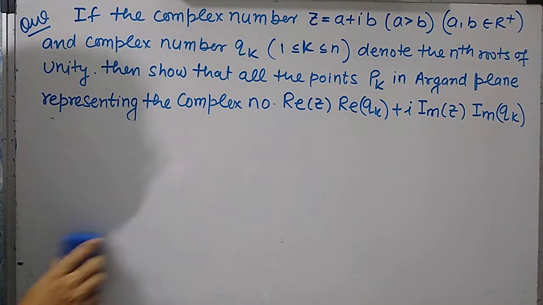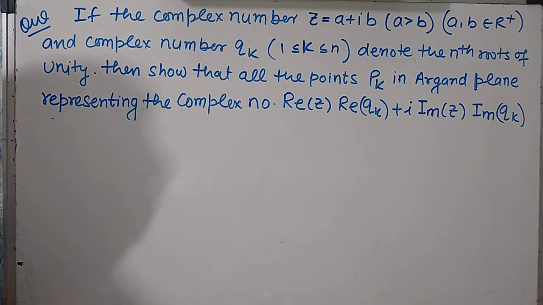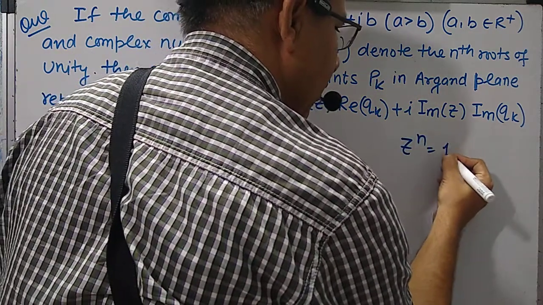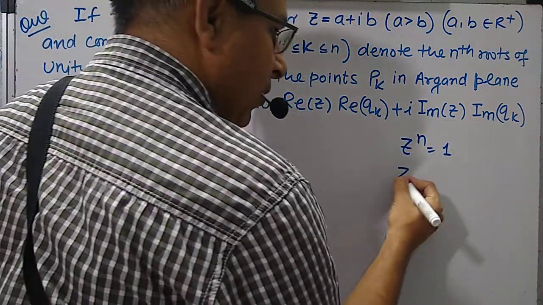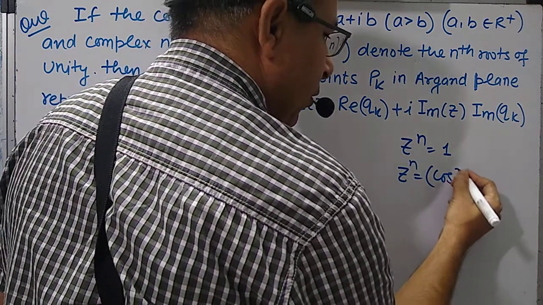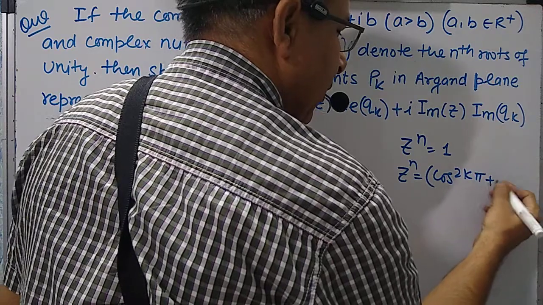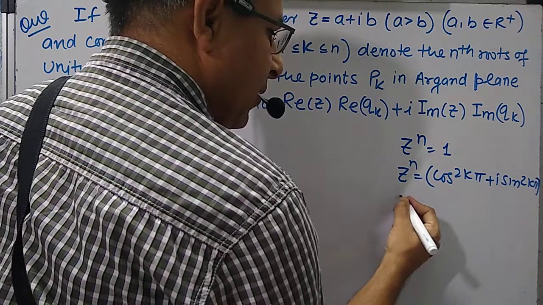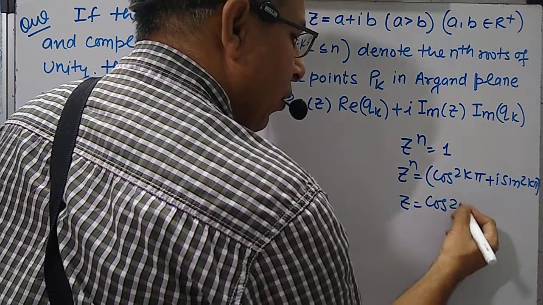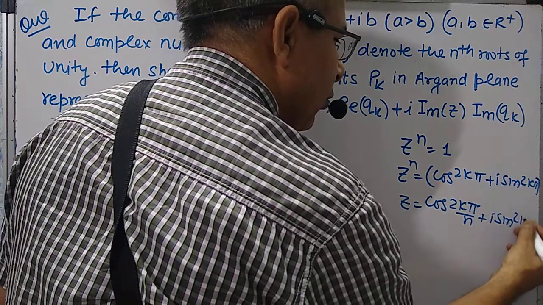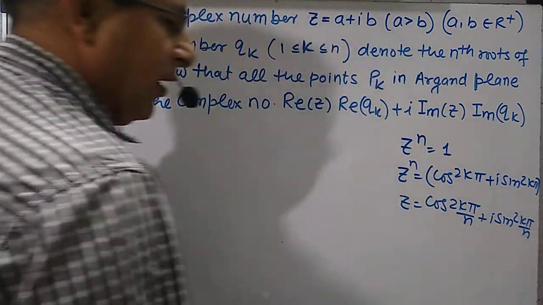So now in this question we have two important points. First point is that the complex number qk denotes the nth roots of unity. So we have z to the power n equal to 1. So now we get z equal to 1 to the power 1 over n, equal to cos 2k pi plus i sin 2k pi, and this is written as z equal to cos 2k pi upon n plus i sin 2k pi divided by n.